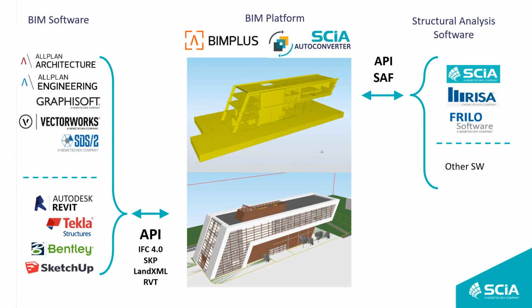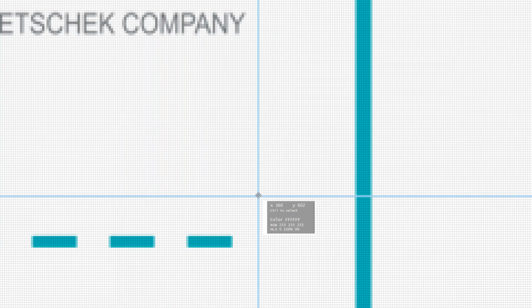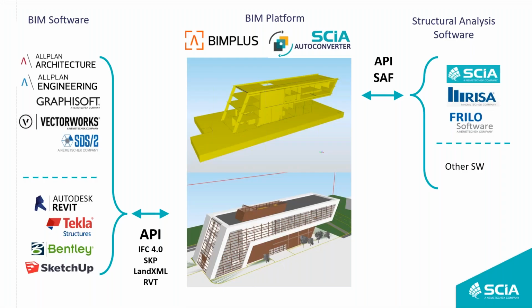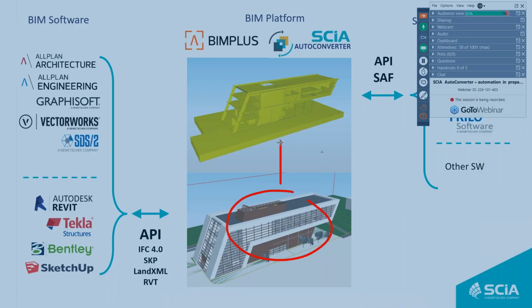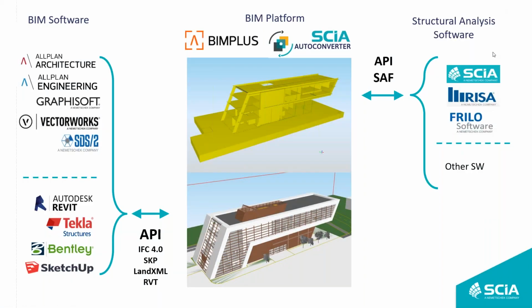And in SCIA AutoConverter, the conversion is done. The conversion is done by the structural engineer, I mean conversion from the structural model to the analysis one. That's where SCIA AutoConverter is used. Then after that, we can take our analysis model and use the API calls or export to SAF.